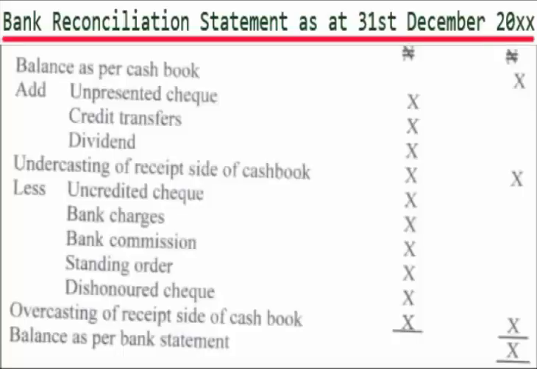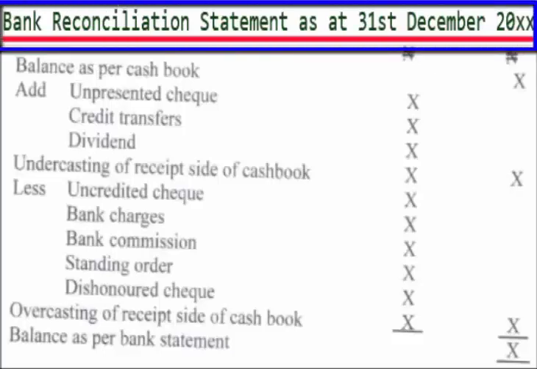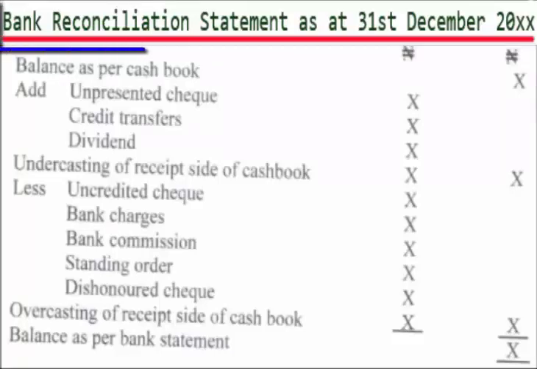We have the formats for bank reconciliation statements using method A. This is bank reconciliation statement as at 31st December 20XX. So this is the heading for bank reconciliation statements, and this attracts a mark. Whenever we are preparing our bank reconciliation statement, it should be properly titled, because you are not preparing a trading account, you are not preparing a cash flow.